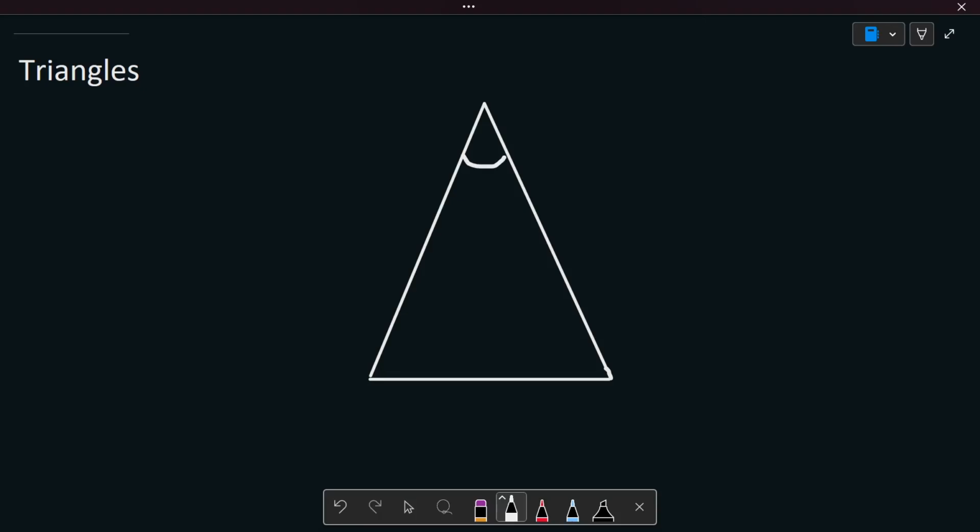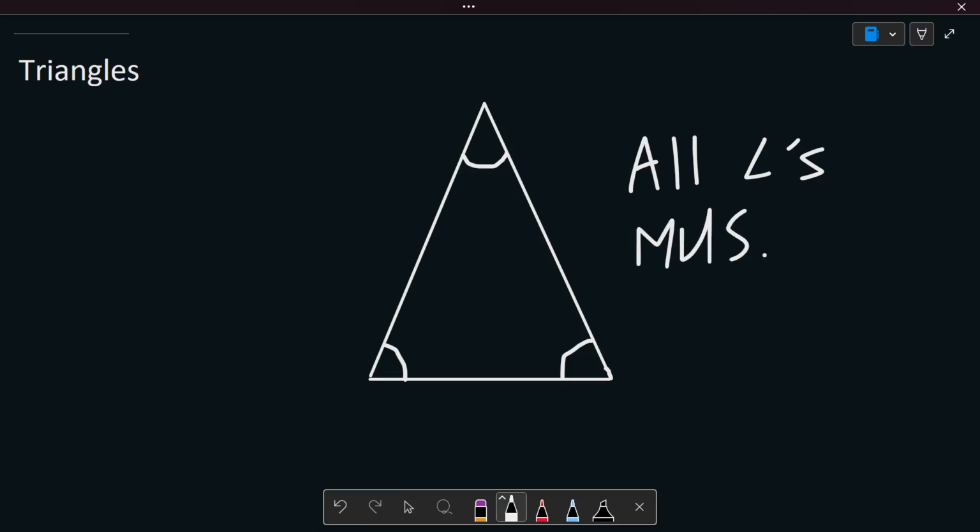Every single angle, whether it's this one and that one, it can be any angle that exists, but all the angles, so all angles, must equal 180 degrees. So the angles together must equal 180 degrees.